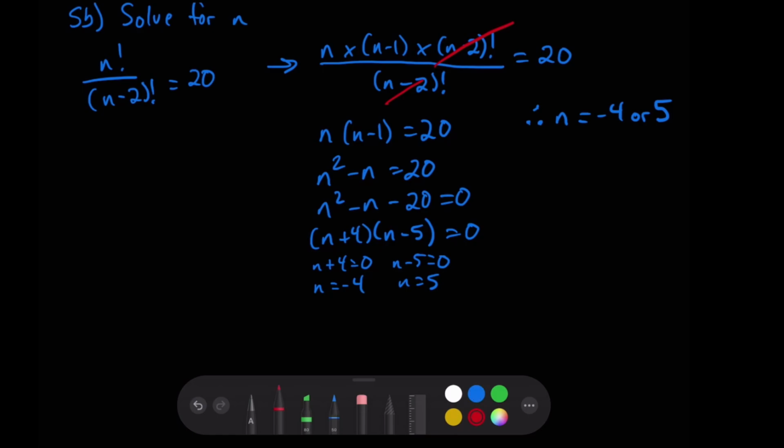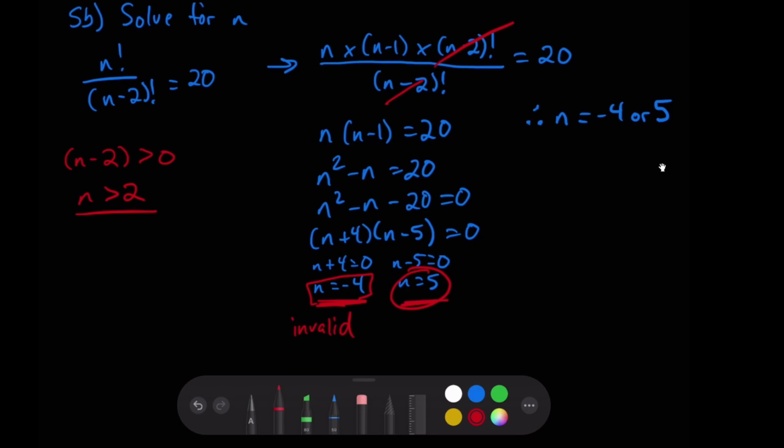So n minus 2 is greater than or equal to 0. Actually, no, sorry, n must be greater than 2, so n equals negative 4 is not a valid result, or we say it's an inadmissible result. So n equals 5 should be our only answer.